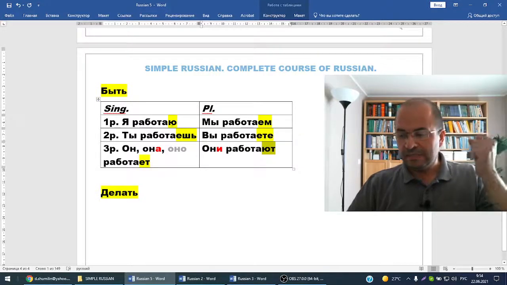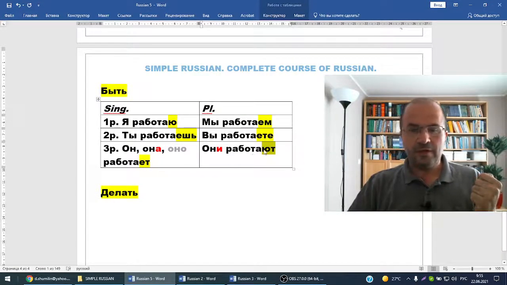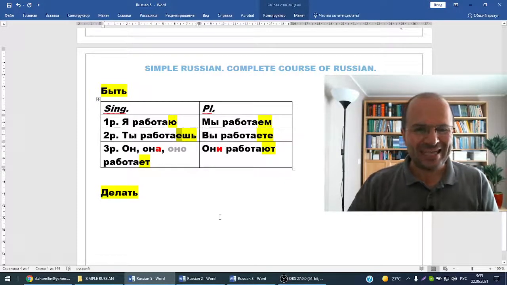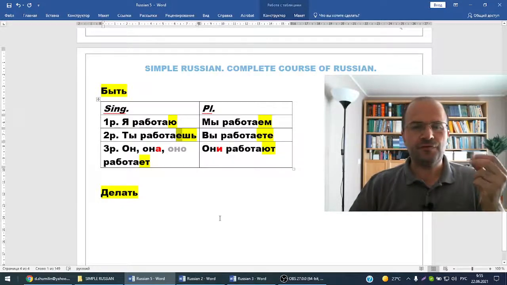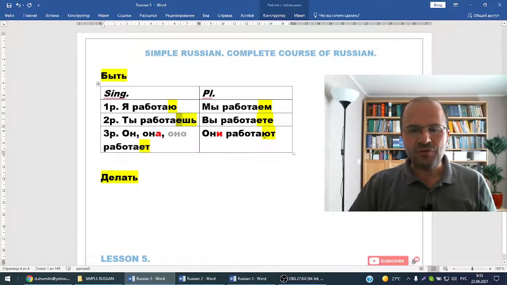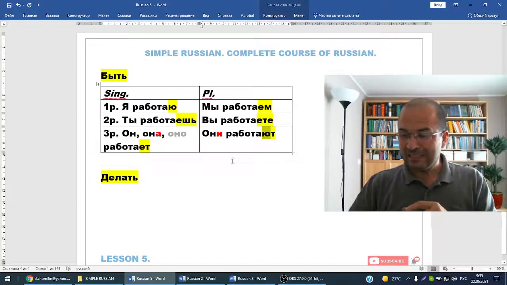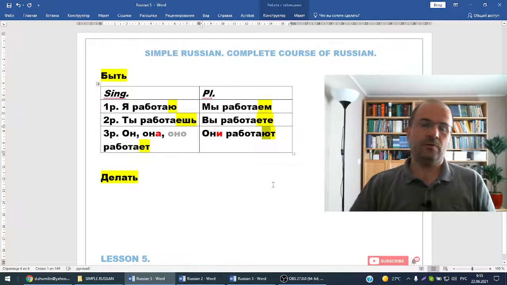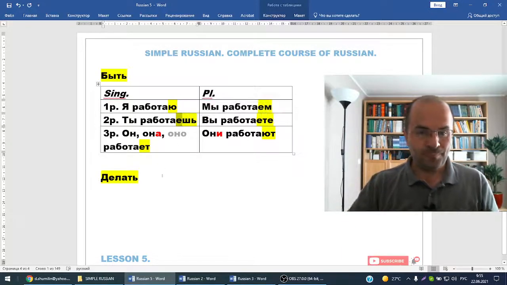In the second conjugation, you have a different vowel letter in the second person singular and in the third person plural, okay? So here you have the letter е, and this means that this is the first conjugation. Here you have the letter у, and this means that this is the first conjugation. In the second conjugation, you have here и, and here you have я or а. So in the first you have е or ё, okay?